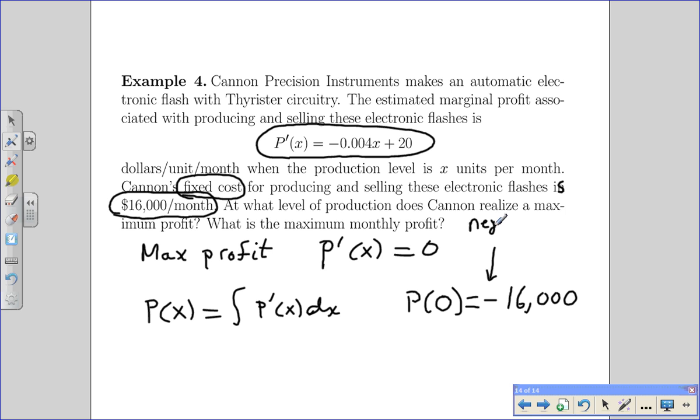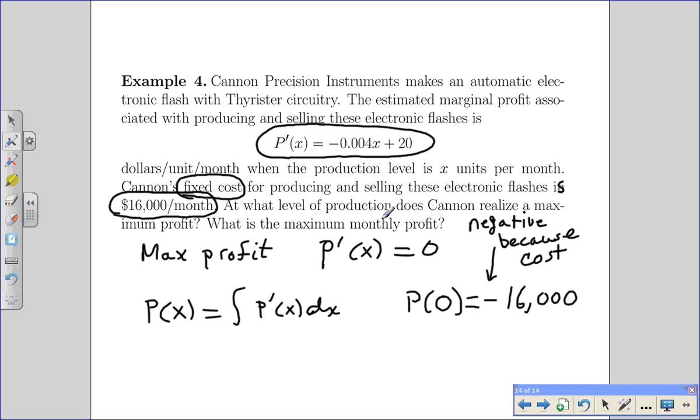Negative, because it's a cost. And anytime you have a cost, that comes out of your profit. So that's what we have to do.